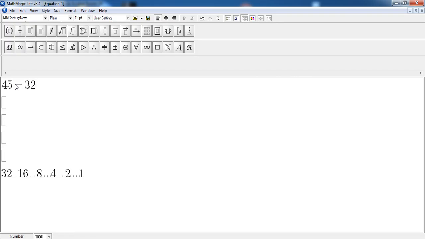So 45 minus 32 is equal to 13. So this would be 1. We cannot subtract 16. The next largest one would be 8, and then we have 5. So we put a 1 here because it's possible. Then for 5, the next largest possible would be 4, so we're able to subtract 4.